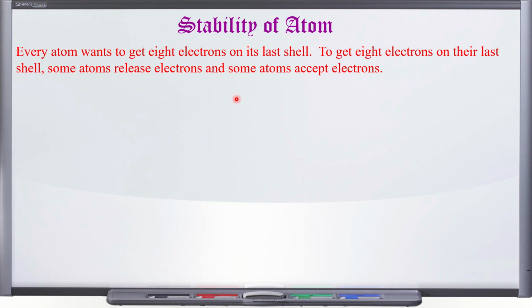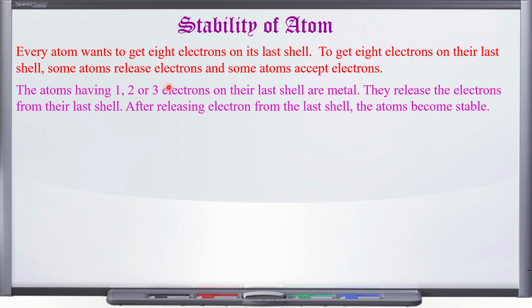Now, dear students, how will you understand which atoms will release electrons and which atoms will accept electrons? This is very easy. Look, the atoms having 1, 2 or 3 electrons on their last shell are metals.